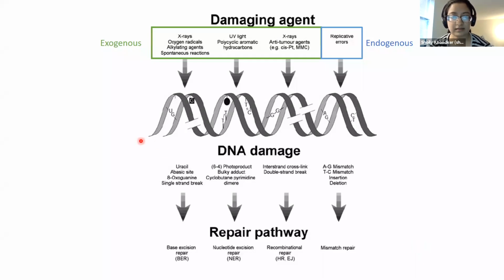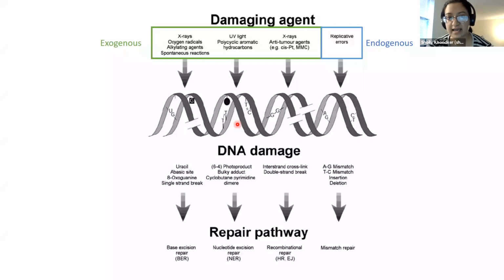This includes things such as cytosine being deaminated and converted to uracil, the loss of a nitrogenous base, which results in an abasic site, or alterations in guanine, which results in this 8-oxoguanine variant, as well as single-strand breaks.